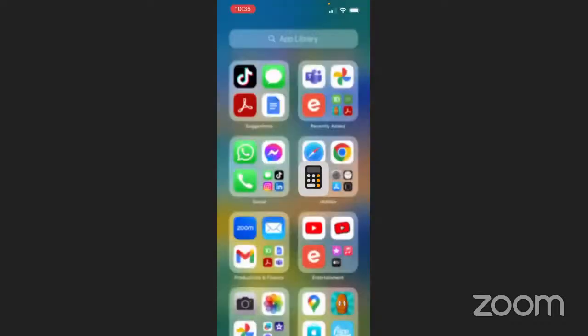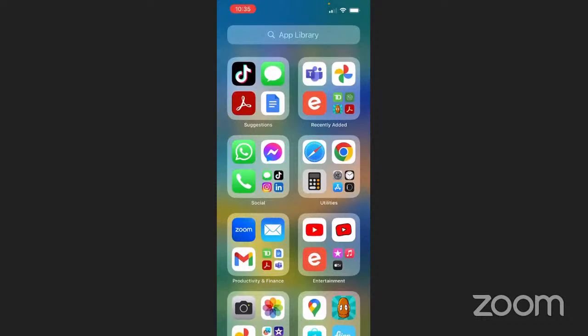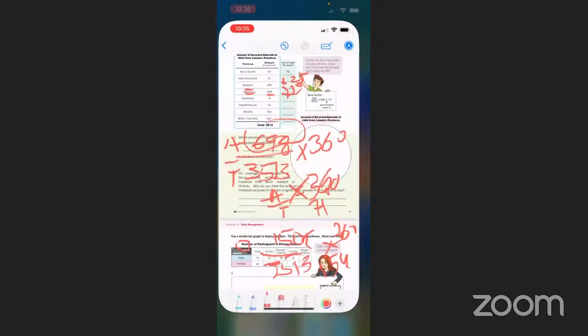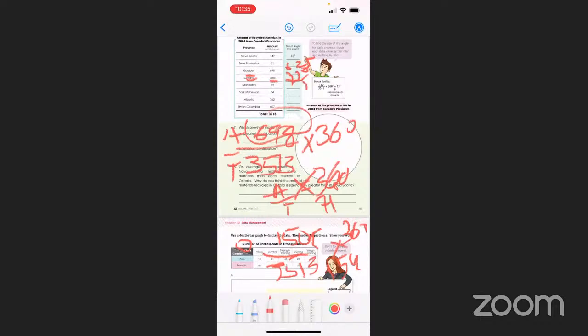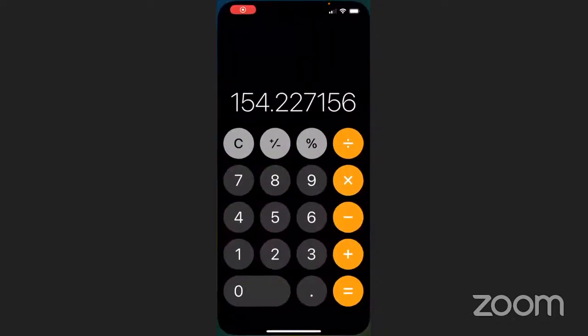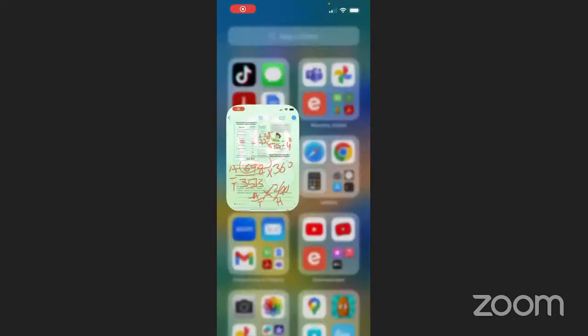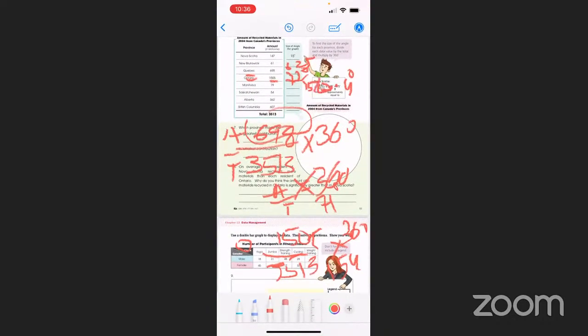You get 154.2. So that is your degree. 154.4 degrees, right? No, 154.22. So let's just say 154, to the nearest whole number.